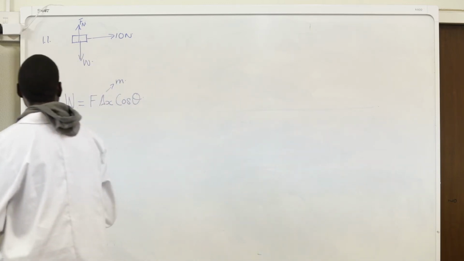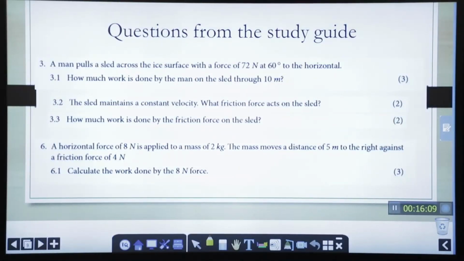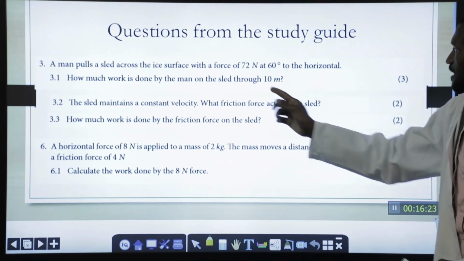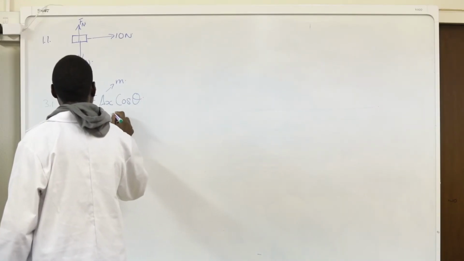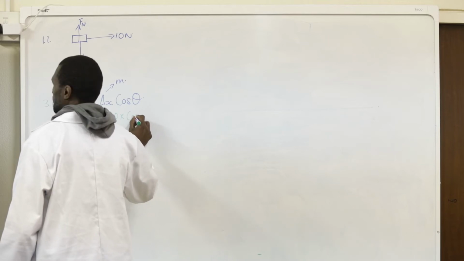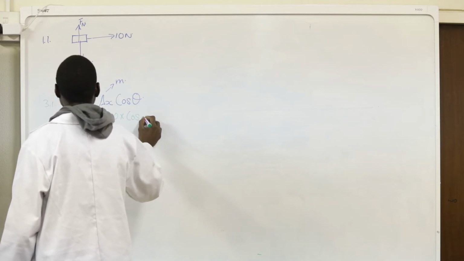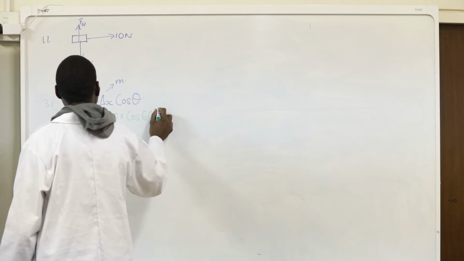So now what is different? Only difference is force of 72, question 3.1. How much work is done by the man on the sled through 10 meters: 72 times 10 times cos of angle 60 degrees.